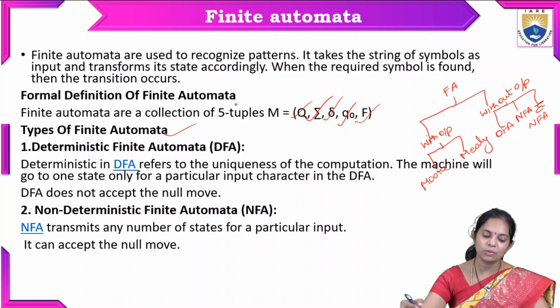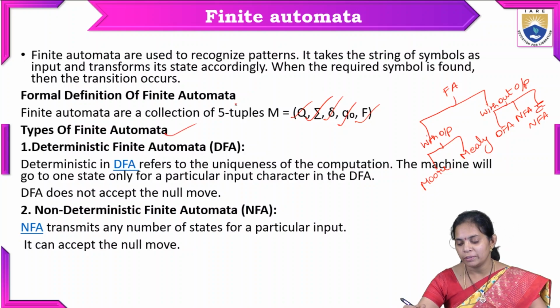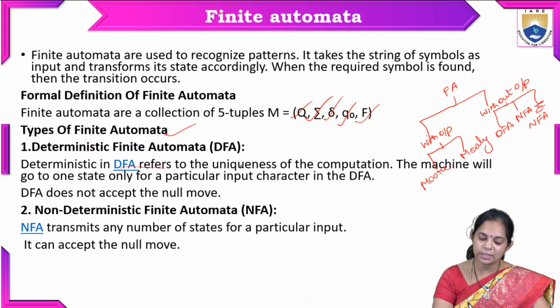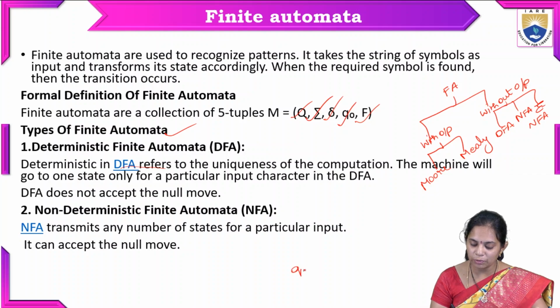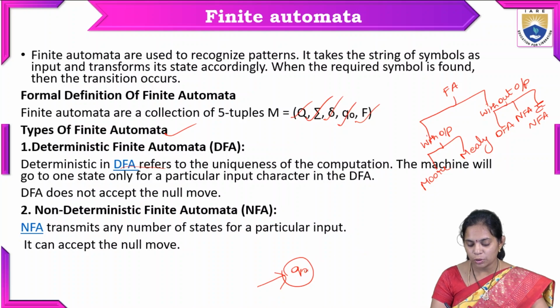We discussed how many types of finite automata there are. Among them we will discuss briefly the DFA and NFA, deterministic finite automata and non-deterministic finite automata. DFA refers to the uniqueness of computation. Uniqueness means that the initial state is Q naught, and for one single input it reaches only one state.